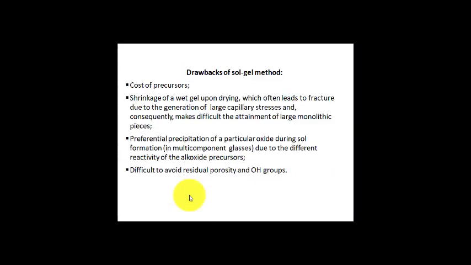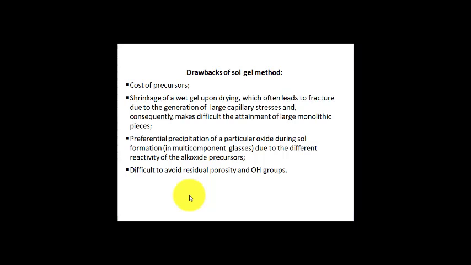However, there are some drawbacks of the sol-gel method. Sometimes the precursors are very costly. There is shrinkage of wet gel upon drying, which often leads to fracture due to the generation of large capillary stress and consequently makes it difficult to attain large monolithic pieces.